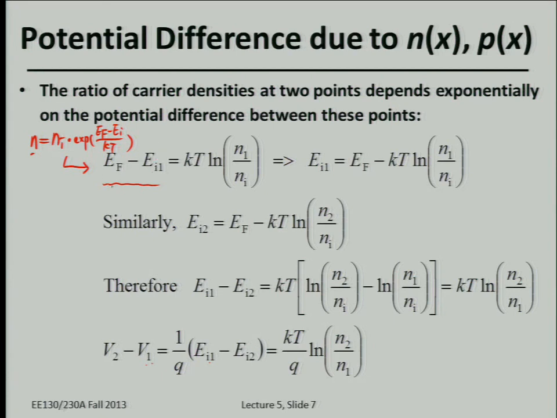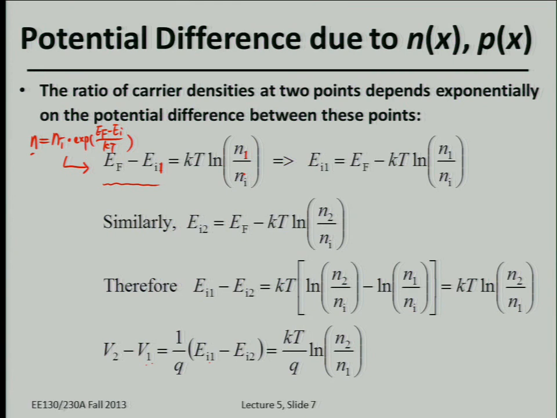If we do the math here, EF minus EI at position 1 is equal to KT times the log of the ratio of the electron concentration at position 1 over the intrinsic carrier concentration. Assume the band structure of the semiconductor is uniform, so EC and EI are invariant versus position.